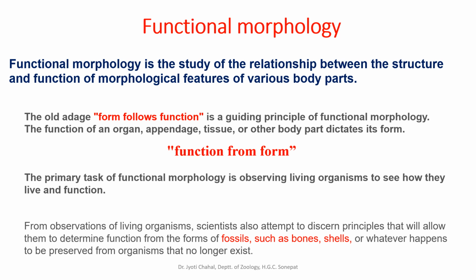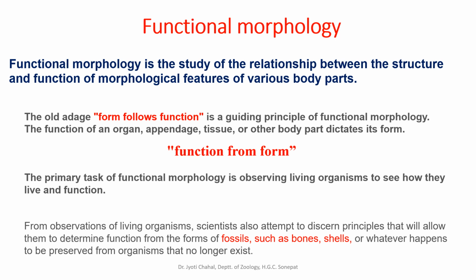Now, the primary task of functional morphology is observing living organisms to see how they live and how they function. From observations of living organisms, scientists also attempt to discern the principles that will allow them to determine the function from the forms of fossils, such as bones and shells, or whatever happens to be preserved from organisms that no longer exist.